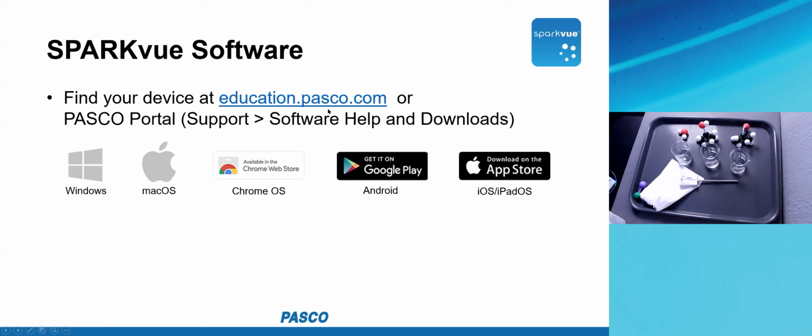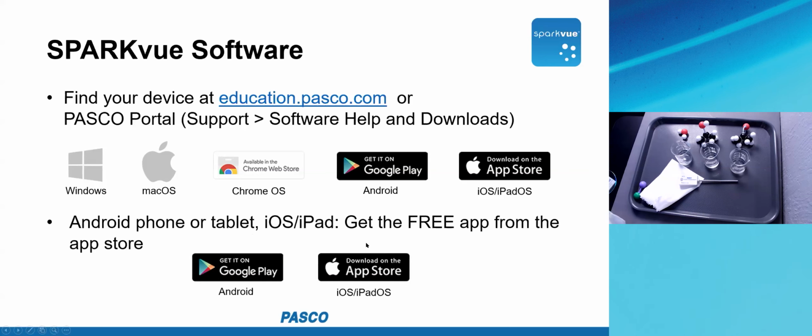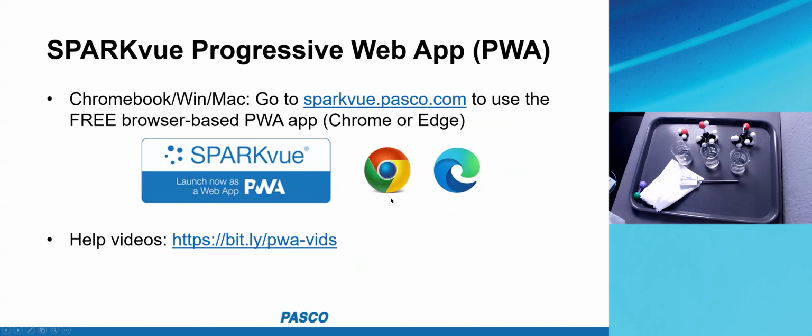If you go to education.pasco.com or the PASCO portal, I pointed you to support and software help and downloads, and that's where you get the SPARKvue software app, and the App Store if you have an Android phone or tablet or iPad. For your Chromebooks, most teachers have Chromebooks, but whatever you have, the student version can be used, except for iPhones.